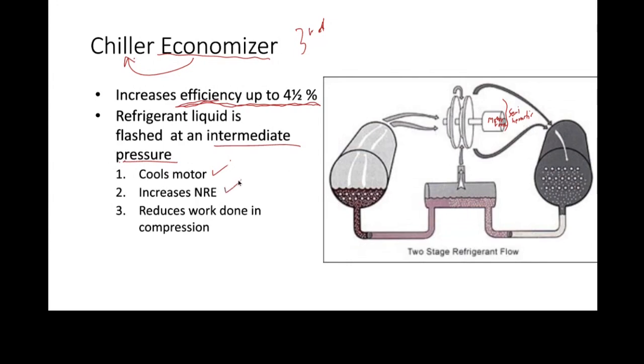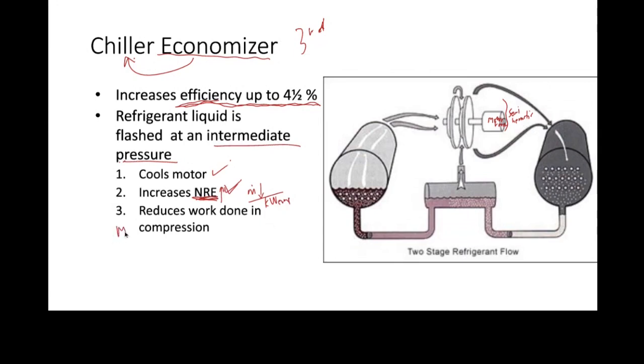Now, the next thing is they are going to increase the net refrigerating effect, which is a really good thing, because we know that when the net refrigerating effect increases, then the mass flow of refrigerant decreases for every kilowatt of heat transfer in the evaporator.